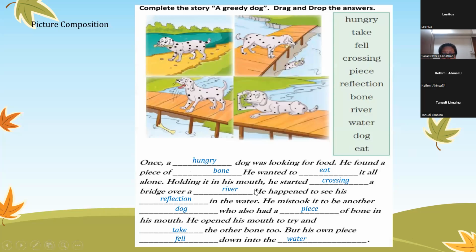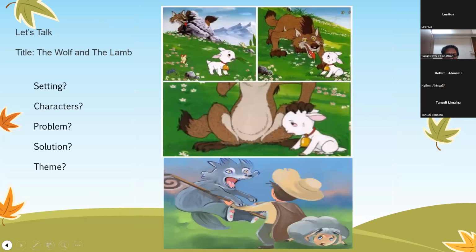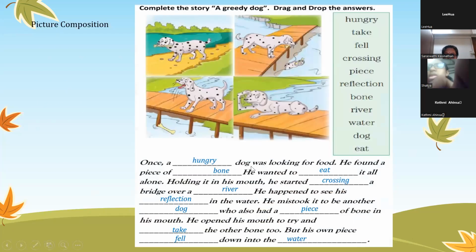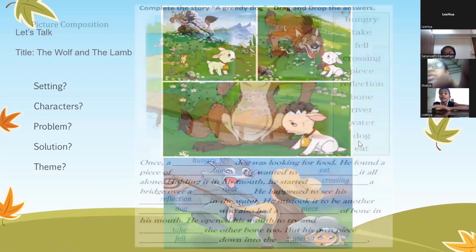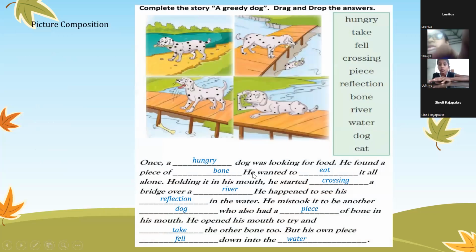So can all of you read together to make sure the story makes sense? Ready? Go. Everybody read once. Hungry dog was looking for a piece of bone, and he wanted to eat it all alone.